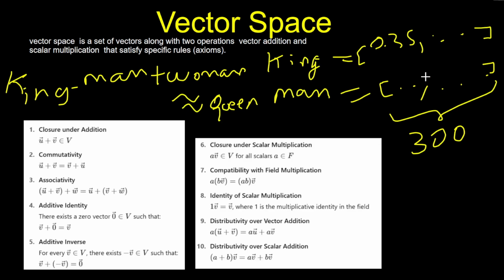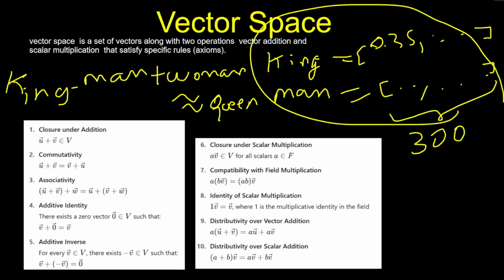If we do this operation using these vectors also, like we have some vector representation for woman and queen also, if we substitute the values and do this calculation, we can find that the value of it is approximately equal to queen. So why is this arithmetic possible? Because all these vectors in this vector space follow these rules. That's why it is called a vector space. So this is another example of vector space, which is used in vector embeddings in large language models.